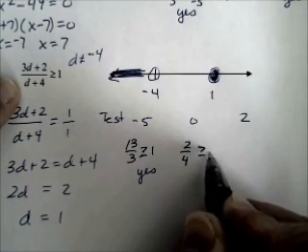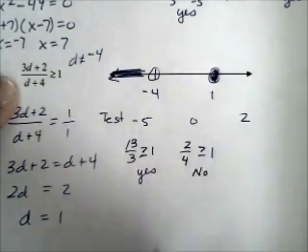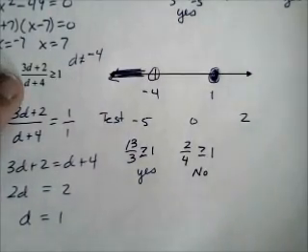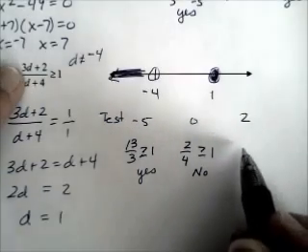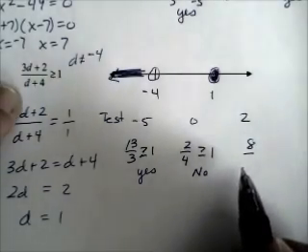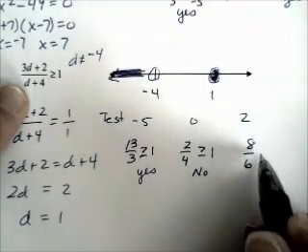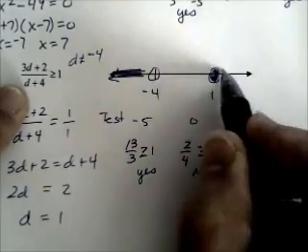Is 2/4 greater than or equal to 1? 1/2 is not greater than or equal to 1. That's a no, so that remains unshaded. And it'll probably be just as easy to plug 2 in. 3 times 2 is 6, plus 2 is 8. 2 plus 4 is 6. 8/6, is that greater than or equal to 1? Yes, it is. So this is shaded.